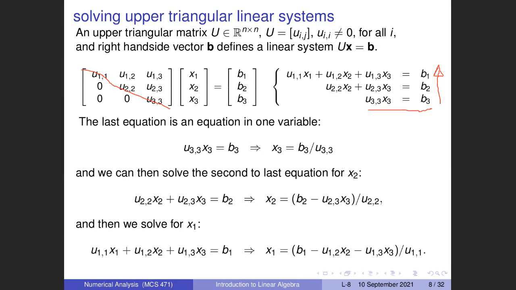And we can solve it if the diagonal elements are non-zero. So you see that we have 3 equations and 3 unknowns, and we do this in 3 steps. So if we can do this for 3 equations and 3 unknowns, then you can see the pattern emerging to write down the general algorithm.